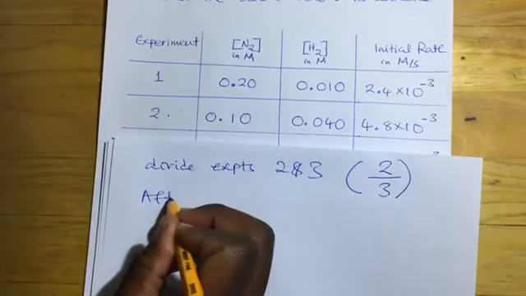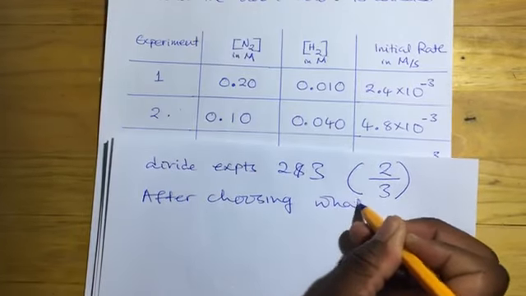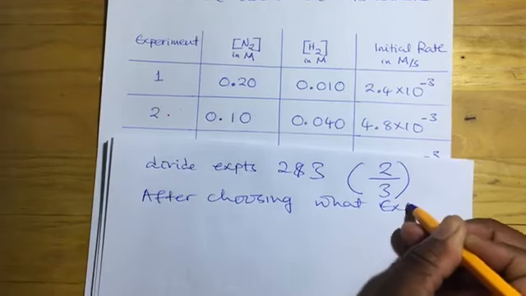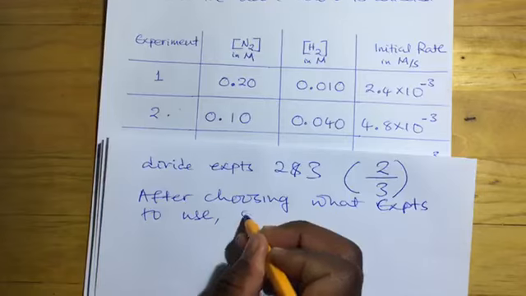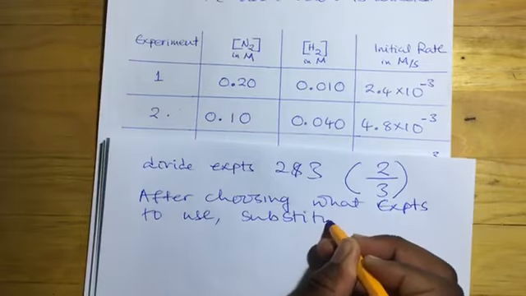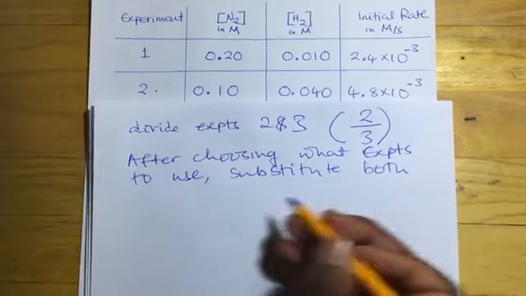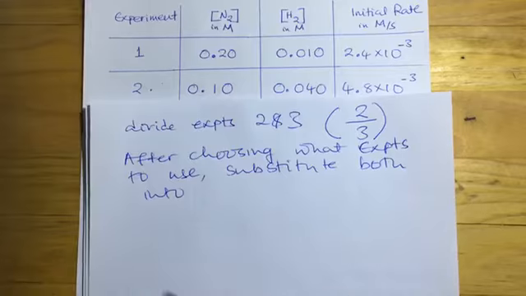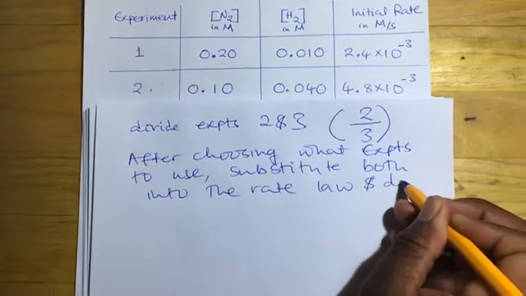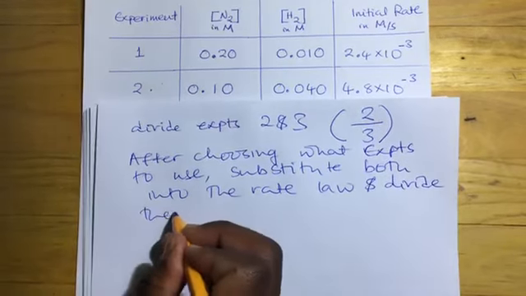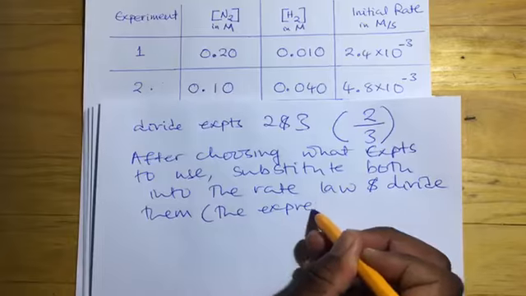So, after choosing what experiments to use, substitute both into the rate law and divide the expressions.